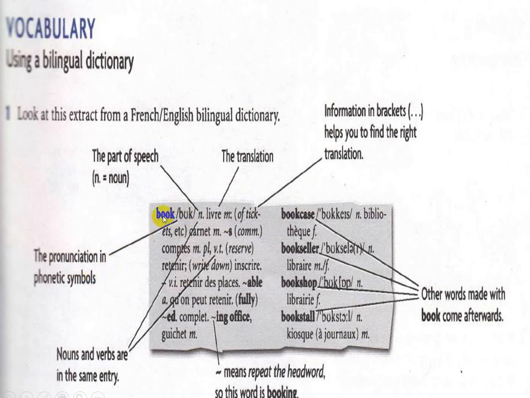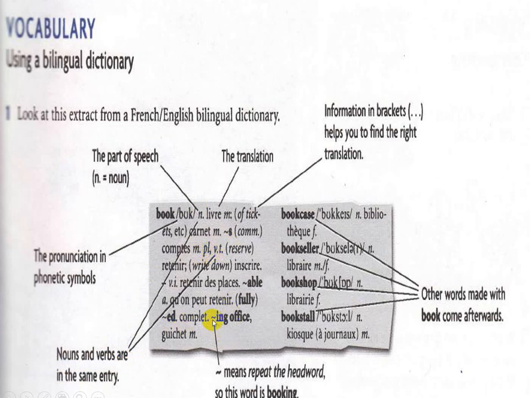Okay. Nouns and verbs are in the same entry. You see here noun dot and here the verb. في المدخل الواحد إنه أكو noun وأكو verb. ممكن هاي الكلمة تجي كnoun وممكن تجي كverb.